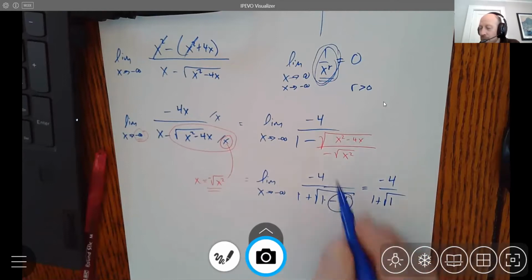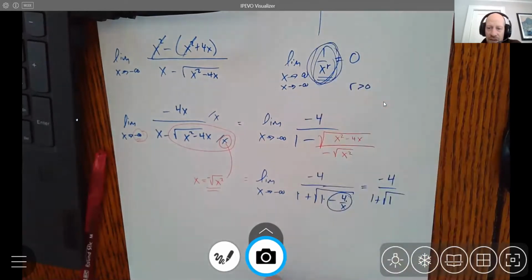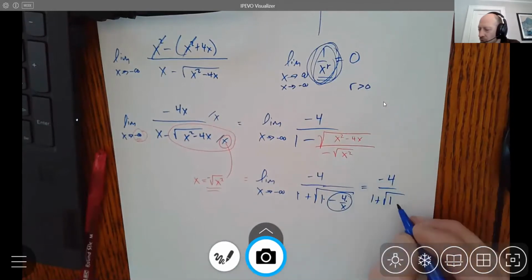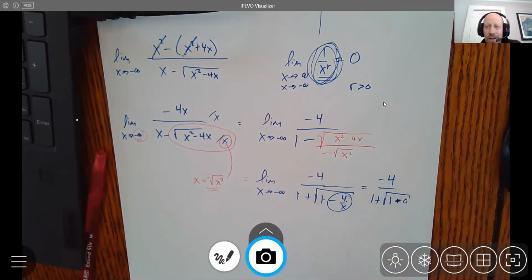And this limit is just 4 times that limit, so that's going to be 0. Plus or minus 0. Right, 4/x, 2/x squared, -17/x cubed, those are all going to 0. So this in the end goes to -2.